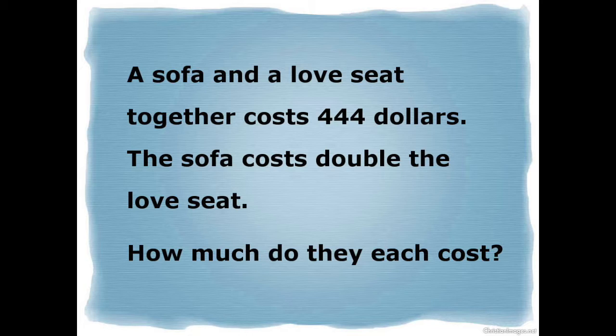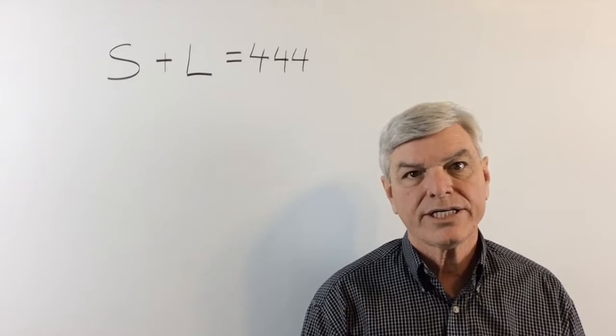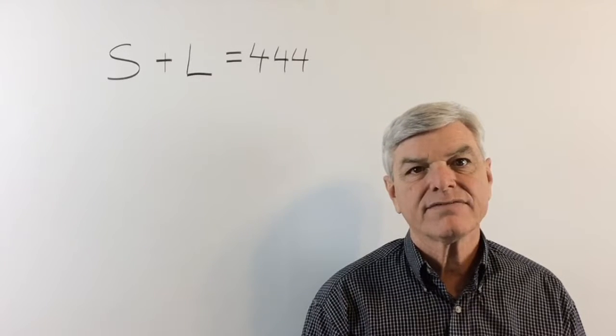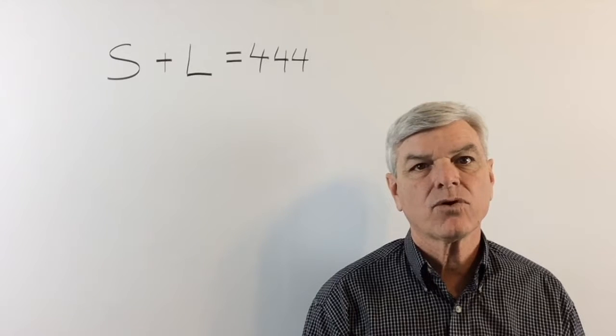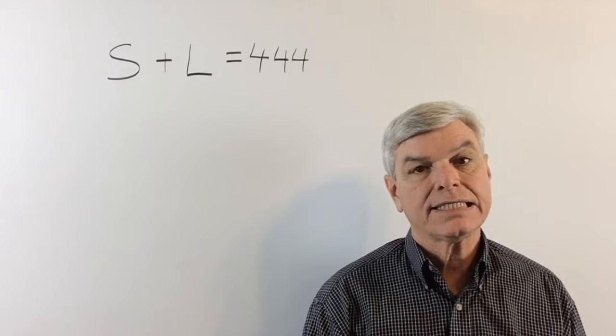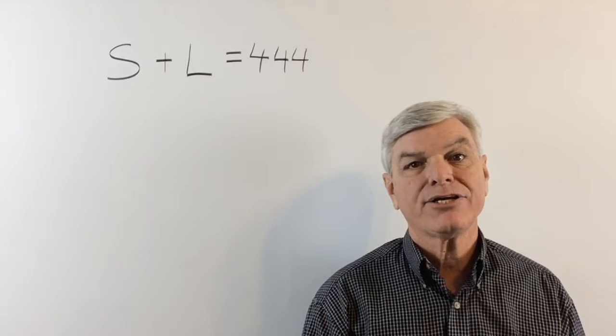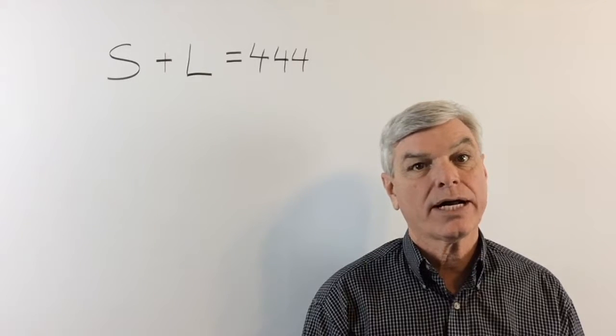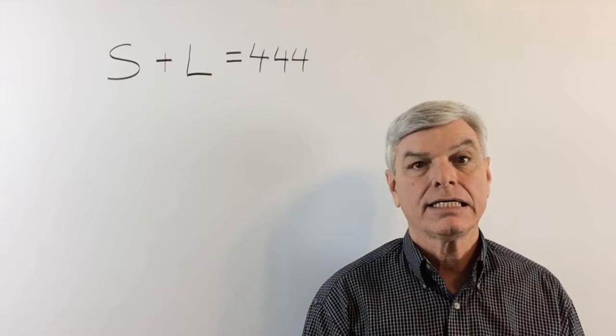A sofa and a love seat together cost $444. The sofa costs double the love seat. How much do they each cost? Okay, in our first equation, the sofa and the love seat cost $444. And you can see, once again, I'm not using X plus Y or any other crazy thing like that.